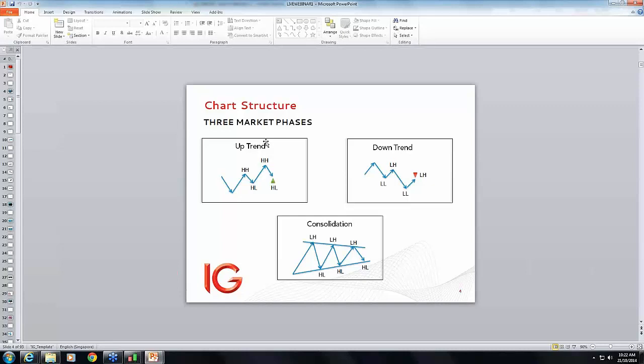For those of you who are keen followers of the market, especially if you're looking at your charts for the past week or so, can you tell me most of the markets, what is it doing right now? When I say most of the markets, if you look at the euro dollar, the Aussie dollar, the pound dollar, the S&P, which phase do you think we are in at the moment? Is it uptrend, downtrend, or consolidation? Just type in a quick answer on the question box.